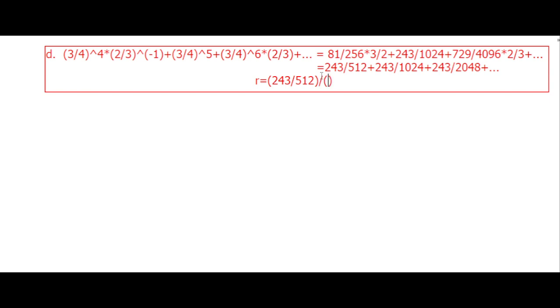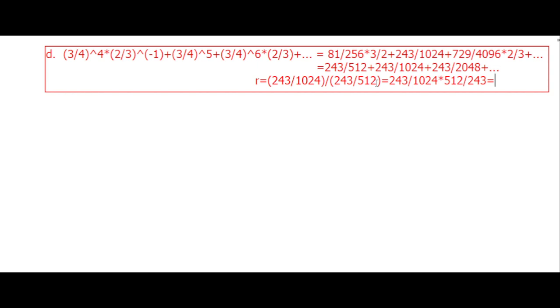Taking the reciprocal, 243 over 1024 times 512 over 243.